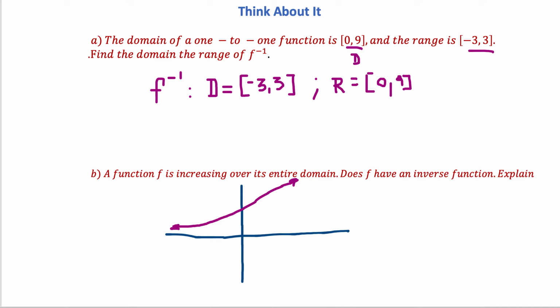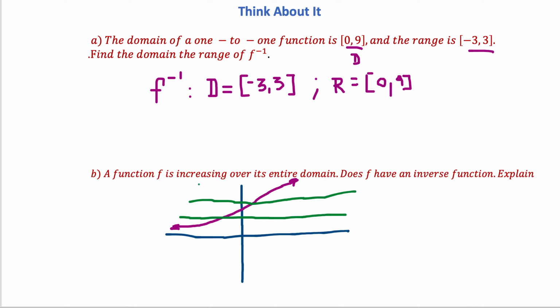As we see in this problem, the function is increasing over its entire domain. Now if we apply the horizontal line test to this graph, since the graph is increasing over its entire domain, every horizontal line is going to intersect the graph of the function in exactly one point.